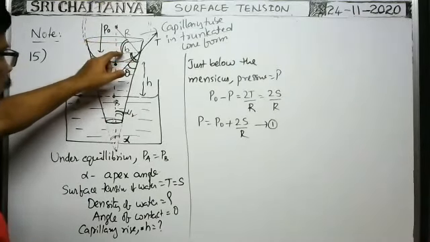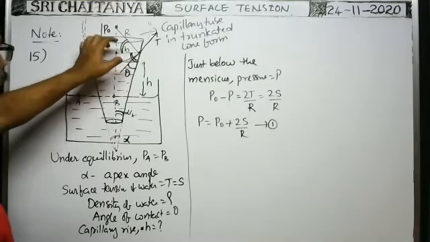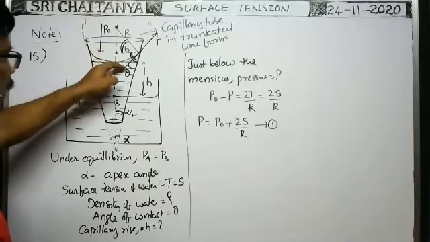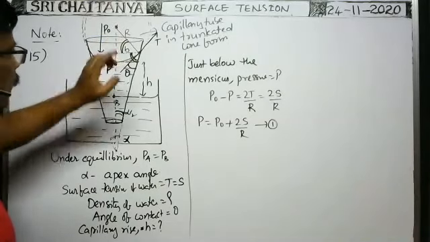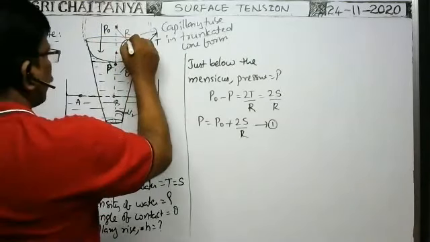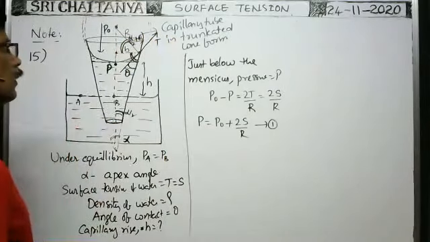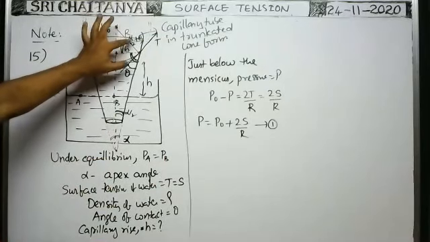Because this and this both are perpendicular, this angle is equal to alpha by 2 plus theta.